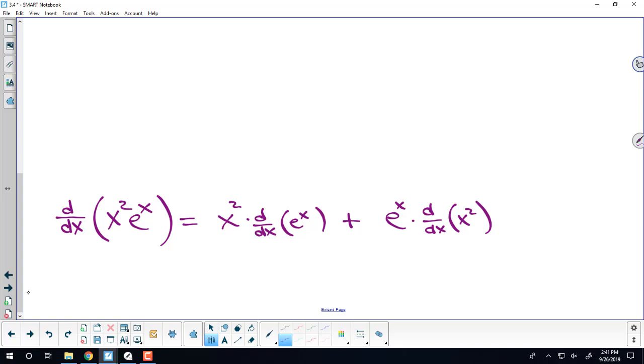So with other derivatives present, let's go ahead and compute that. x squared e to the x. The derivative of x squared is 2x, and we have our e to the x. So there's the derivative of that product.